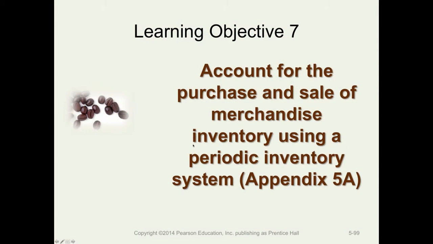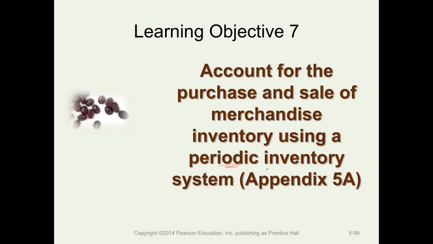Our next and last learning objective for this chapter is to cover the periodic system. And as I said, the periodic inventory system is probably used for certain purposes, but it doesn't really help us control inventory, because as we said, the periodic system would result in cost of goods sold being calculated only at the end of the reporting period.